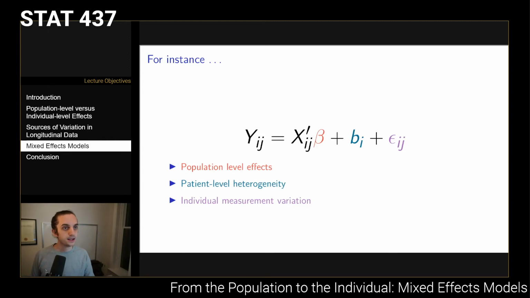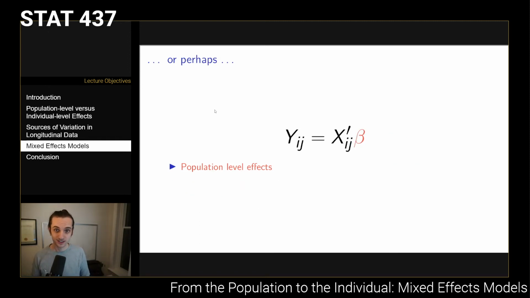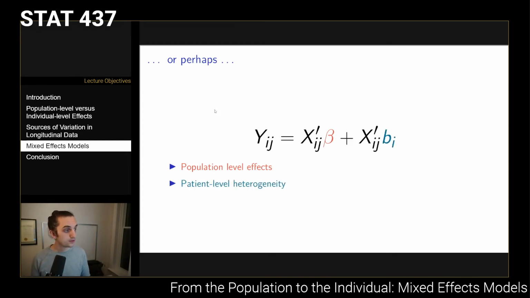Okay? Now we could also make this slightly more complicated, right? So we start with the same population level effects, but now instead of adding on this b_i term, what if we added on x_ij times b_i? So now here, b_i is going to be a vector, right? The same size vector as beta, except what we're doing is we're letting each individual have a different response for each of the different covariate values.